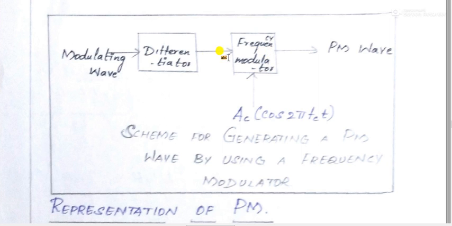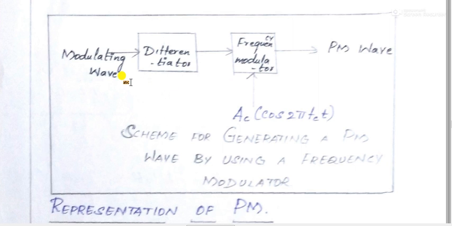Just we have replaced in the PM modulation: the integrator is replaced by a differentiator and the phase modulator is replaced by a frequency modulator, because it is one of the angle modulation schemes.